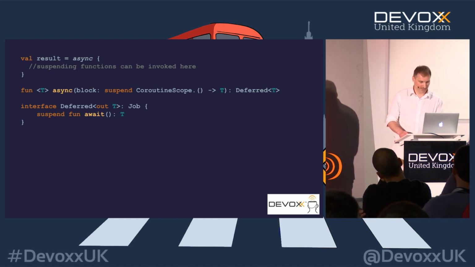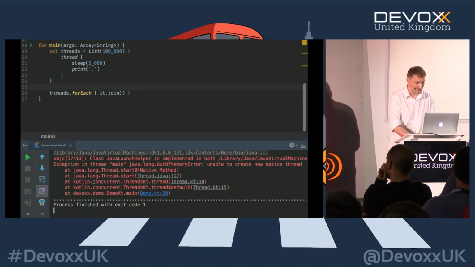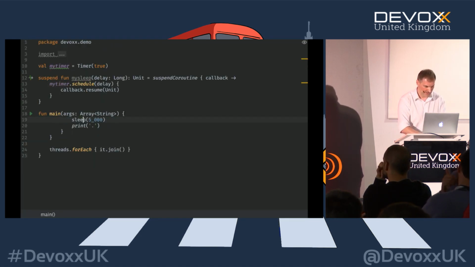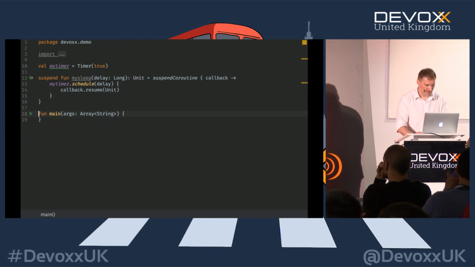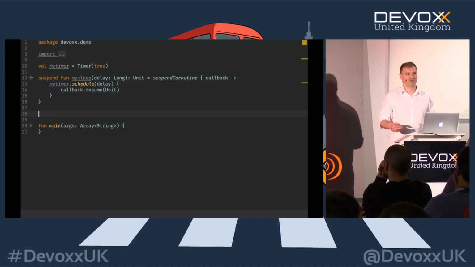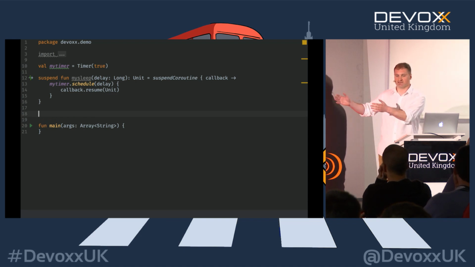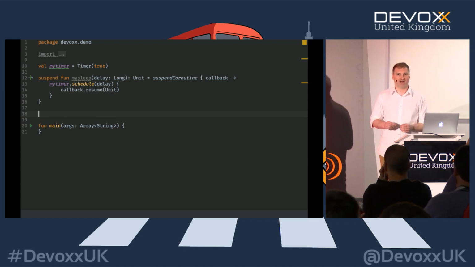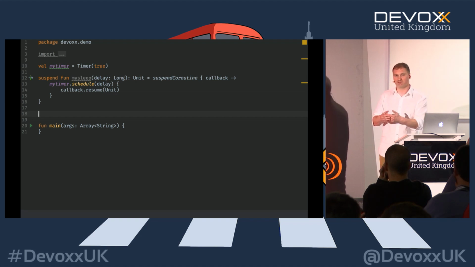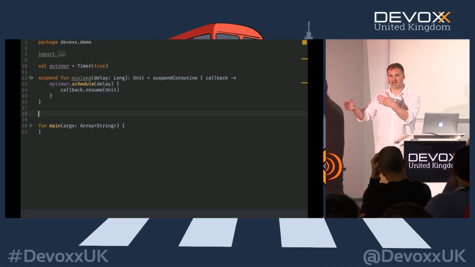So again, let's try a simple example. We're going to get rid of this. We'll use my sleep. Let's suppose we have a situation where we have two external services. From one, we're going to get some personal details about the user, and from the other, some financial details about the user, and then we're going to mix the data up and print it out.